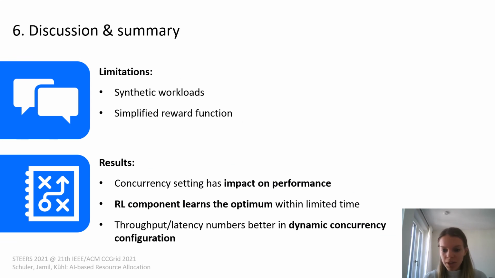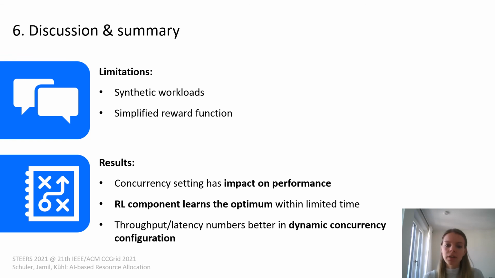So, and this brings me now to the summary and the final discussion on our experiments. First, I'd like to point out some limitations of our experiments. We used synthetic workloads defined through one application and passing different parameters with the requests. So all the conclusions we made on our results are of course based on these specific synthetic workloads we used and are not valid for all different kinds of workloads.